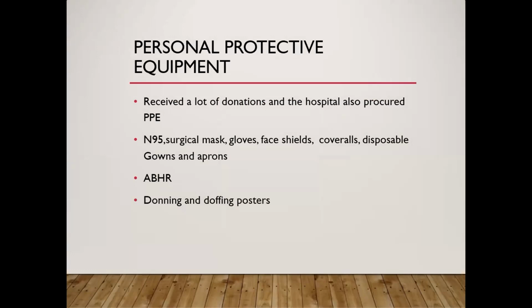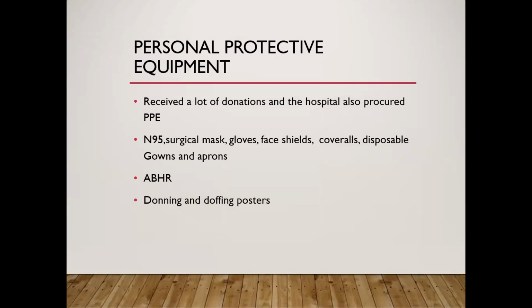Also, for personal protective equipment, we've received a lot of donations from well-wishers, and the hospital is also buying personal protective equipment guided by the guidelines from WHO and CDC. And also our country has come up with its own guidelines, which we adopted from CDC and WHO, which we are also making use of as a hospital.